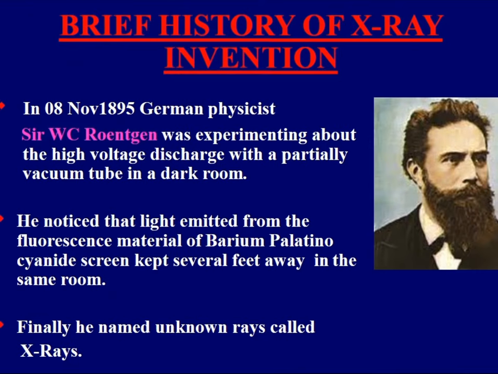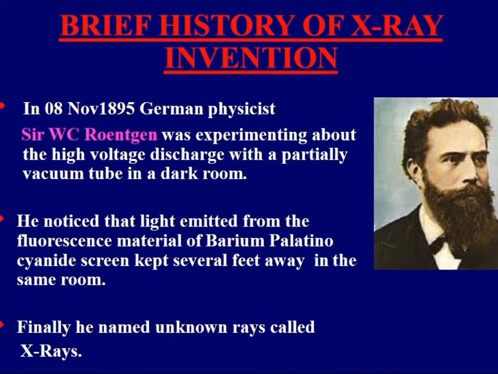Now let us discuss the brief history behind the discovery of X-rays. How were these X-rays invented? On 8th November 1895, a German physicist, W.C. Röntgen, was working on a cathode ray tube experiment.